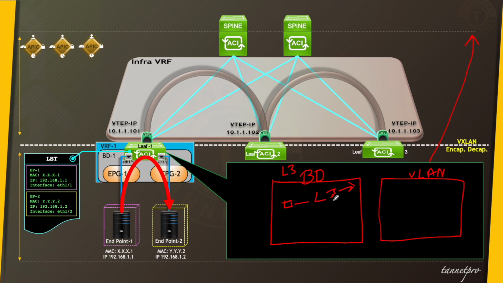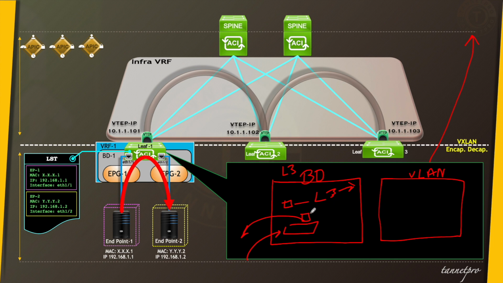The same way over here, you have to enable the unicast routing, L3 routing. Then only will your IP address be pushed to your endpoints, and once your endpoints send any traffic to your bridge domain or your leaf, it can read the IP addresses.